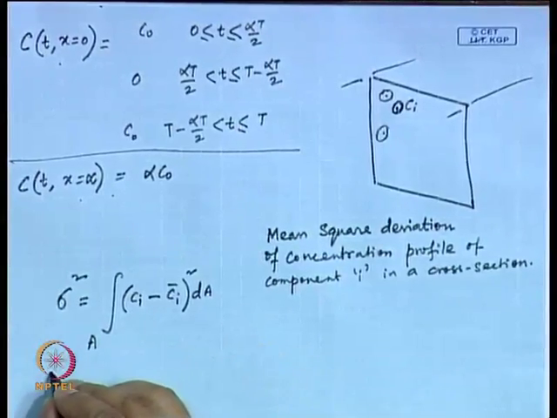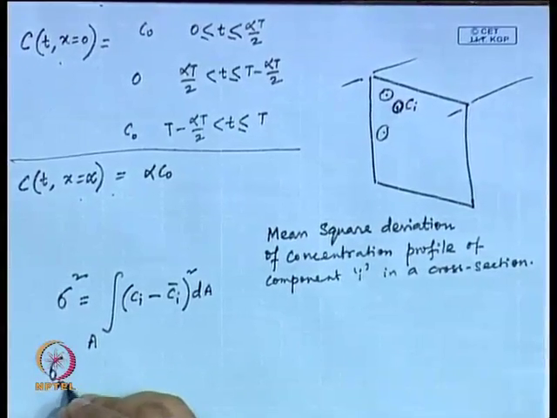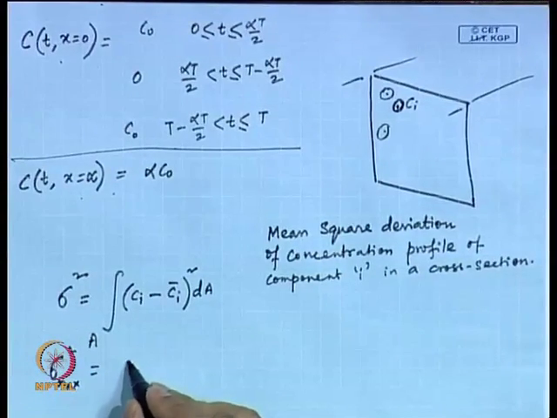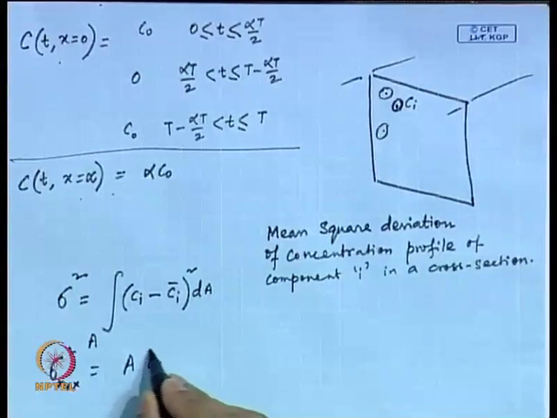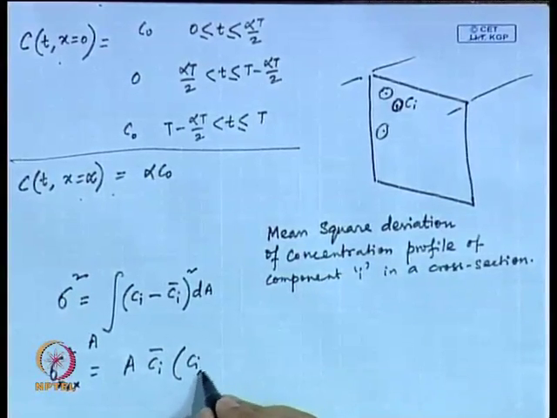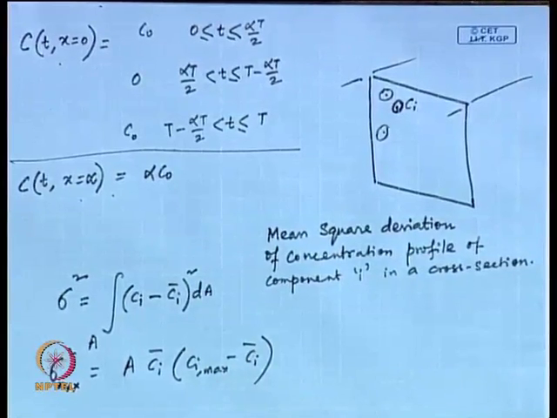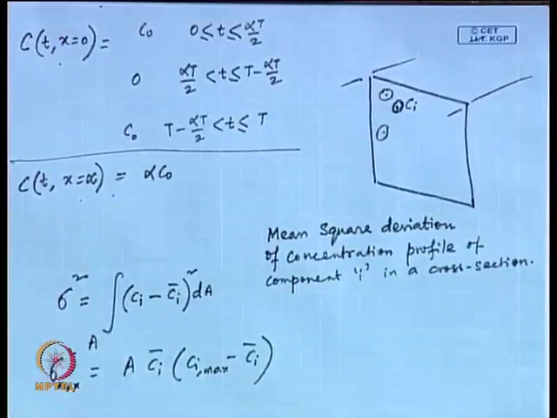What you do is, at the same time you calculate something called sigma max square. Sigma max square is A into Ci bar into Ci max minus Ci bar. This is the maximum mean square deviation you can have in this microchannel. And where will this maximum occur? This maximum will occur at the inlet. All right. Because what will happen at the inlet?